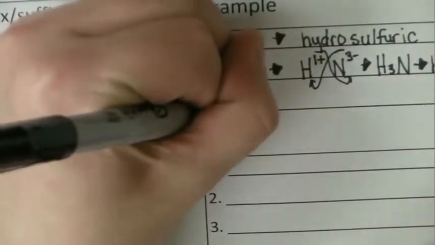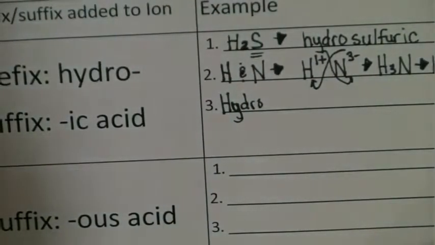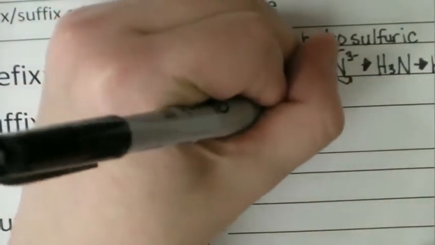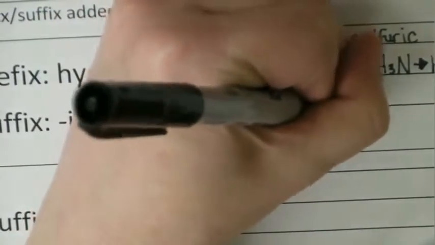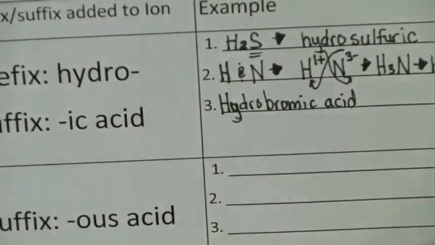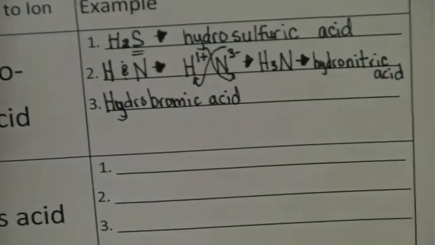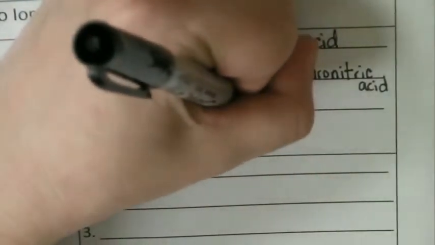The last type of example, let's say I give you the name. So I'm going to ask you for the formula for hydrobromic acid. All right, so if I give you the name hydrobromic acid, and I want the formula, here is how you would have to work through this.